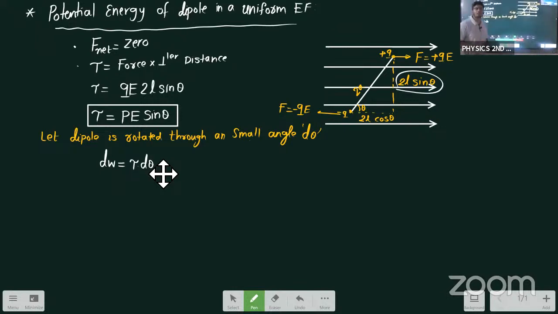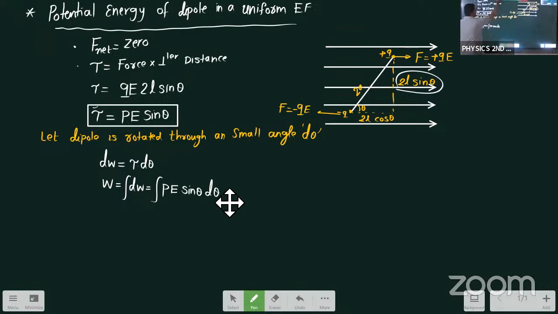In order to get the total work done, we are supposed to integrate. So W is equal to the integral of dW, that is equal to tau into d theta. The value of torque tau is P E sin theta, so we integrate P E sin theta d theta.